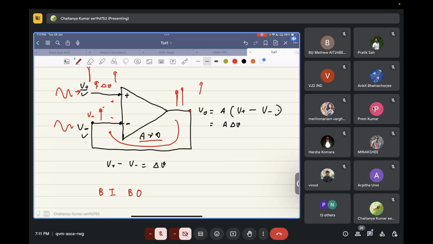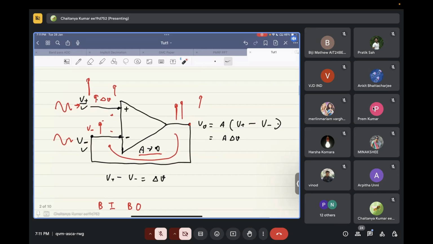Since the system is stable, for a bounded input it can't give you unbounded output. So this negative feedback will make sure that there is no error between V plus and V minus. This concept of tracking of the positive and negative terminals of the op amp is called virtual ground or virtual short. So there is a virtual short between V plus and V minus.